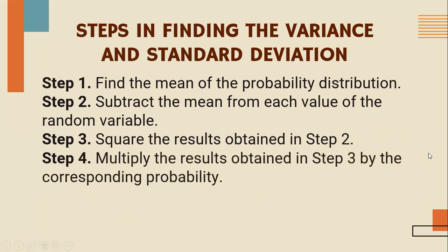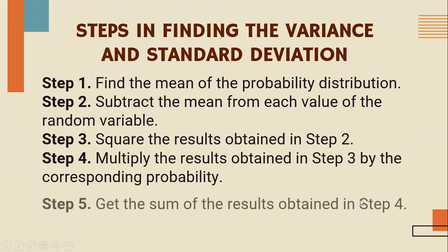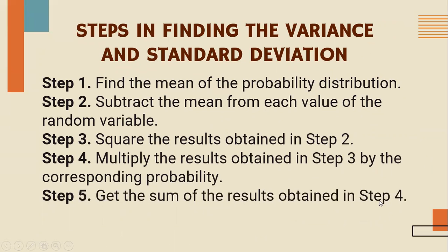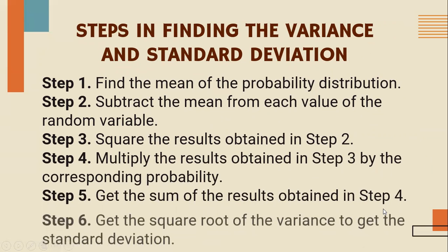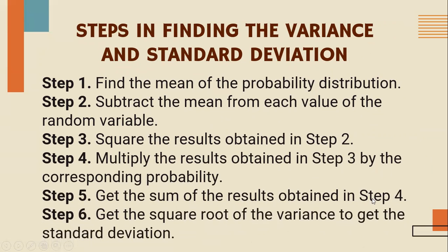And then step 4, multiply the results obtained in step 3 by the corresponding probability. Step 5, get the sum of the results obtained in step 4. So that is now for step 5 is the variance. And for step 6, we will get the square root of the variance that we got in step 5.